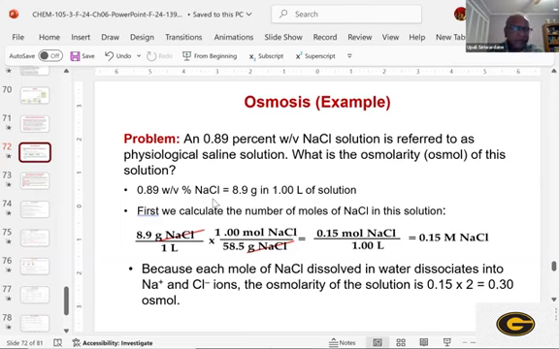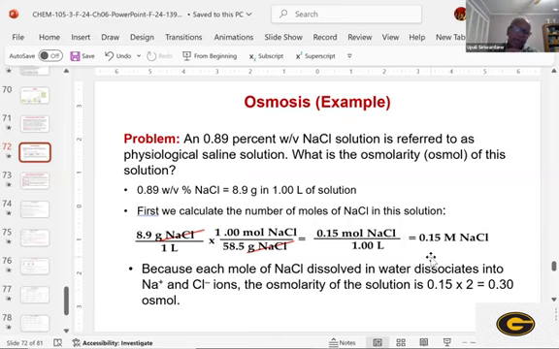Percentage is 100. Liters are 1,000. Therefore, convert 100 to 1,000 by multiplying by 10. Therefore, sodium chloride in the solution converted to moles gives you 0.15 moles in 1 liter. Therefore, molarity of the sodium chloride solution is 0.15.